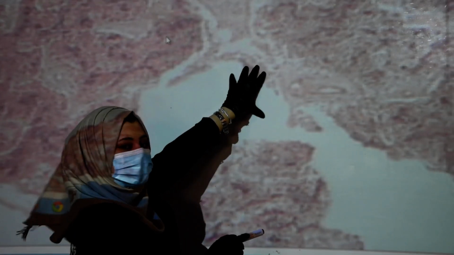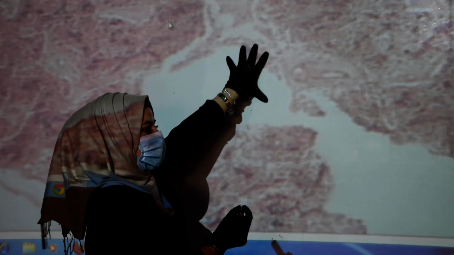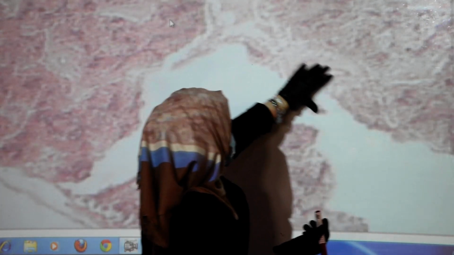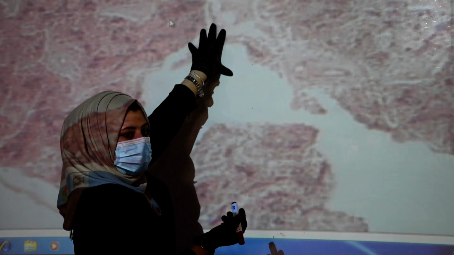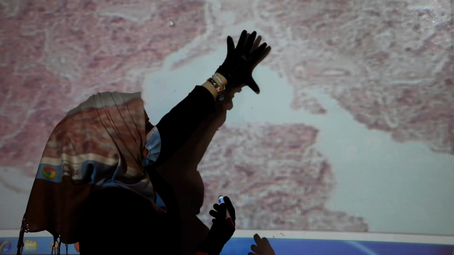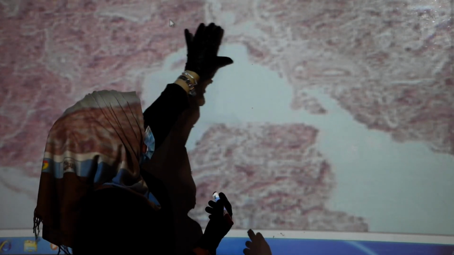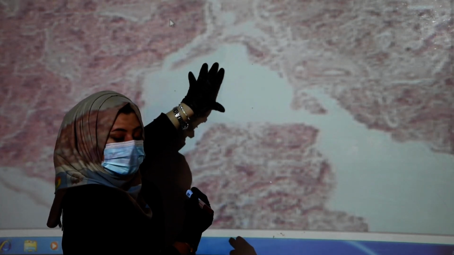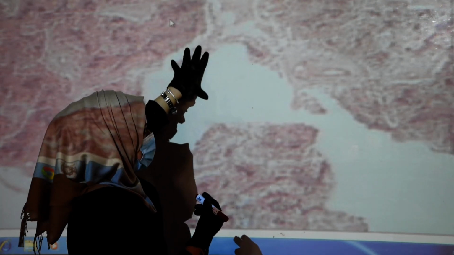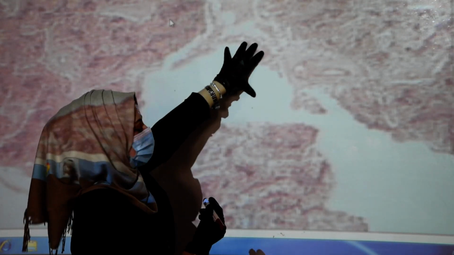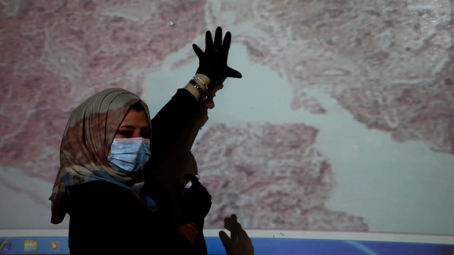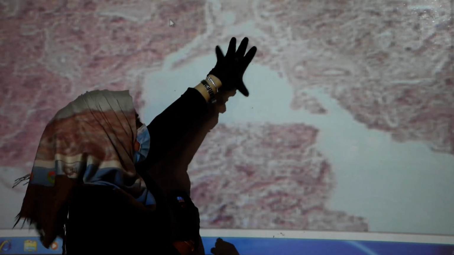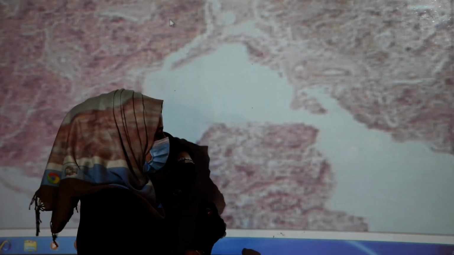The hilum is the place where there is a thickening of the connective tissue capsule, and it's the place of entrance of the artery and leaving of the efferent lymphatic vessels and the vein. Okay. So here we can find blood vessels, artery and vein, and the efferent lymphatic vessels leaving this node.